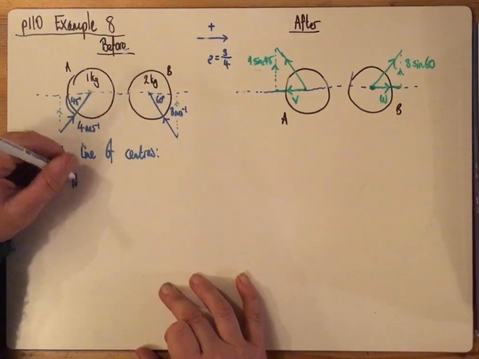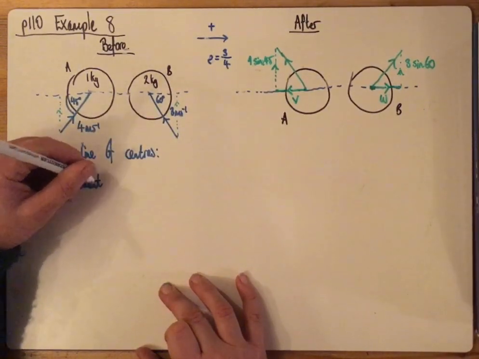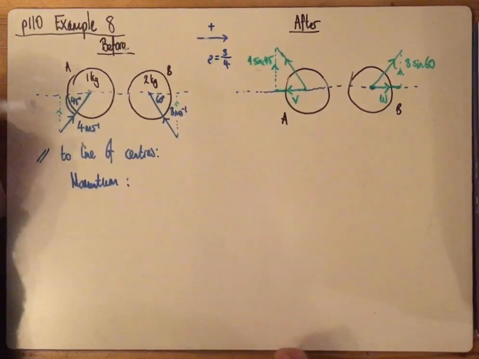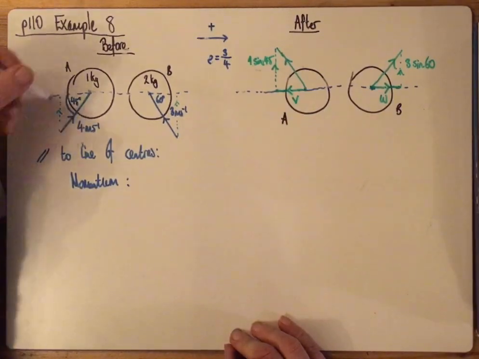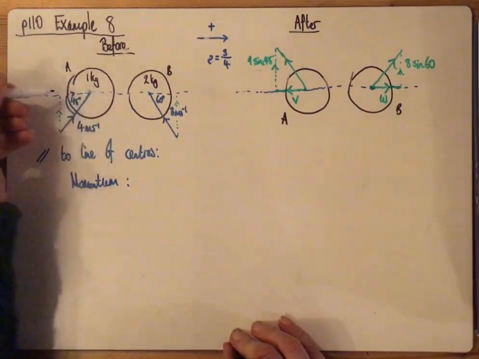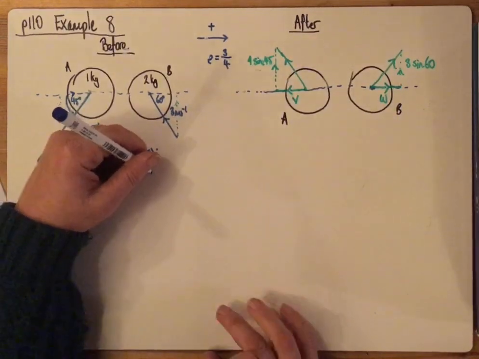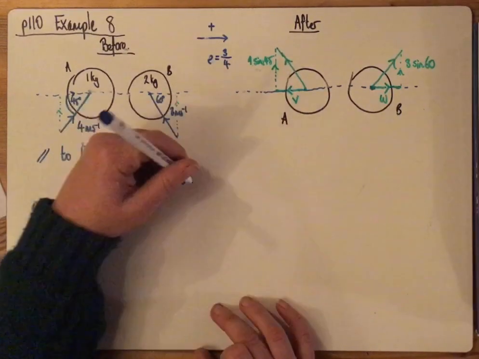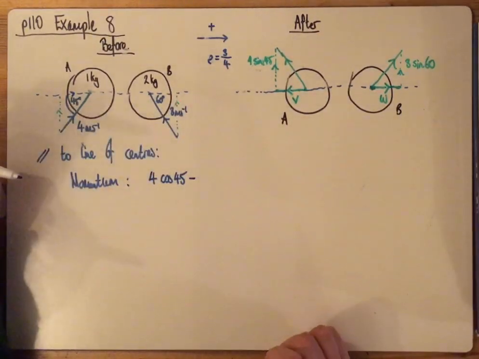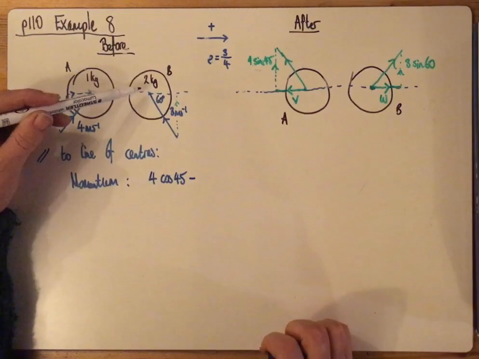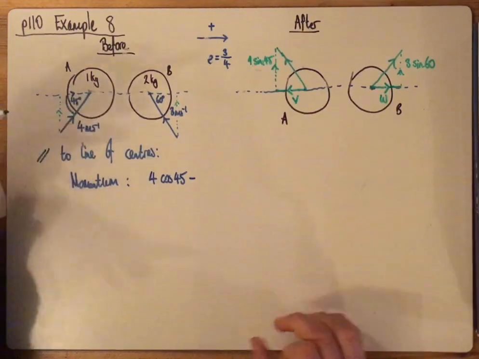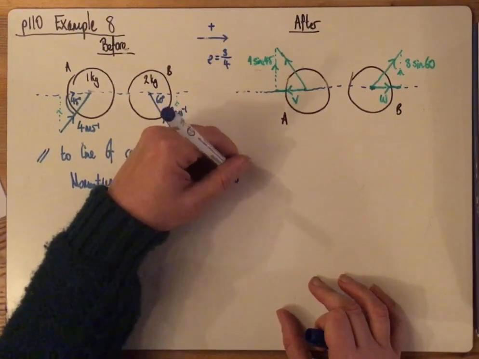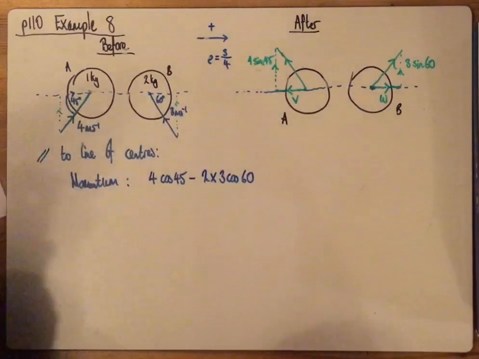so we're looking at momentum. So momentum before, parallel, we've got 4 cos 45 going in this direction. So that's my positive. And then minus 2 times 3 cos 60. So mass times velocity.